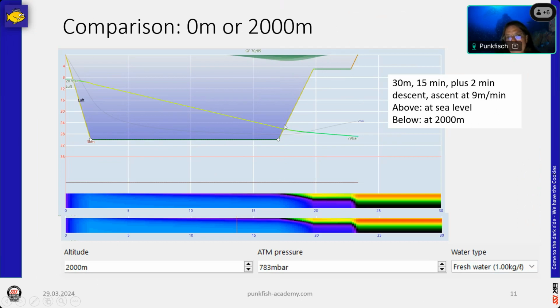And we see that while we ascend, the faster tissues that are getting closer to saturation at 30 meters already start to desaturate. And while they are green, they are at about 20% from the M value, 20% of the limit, or gradient factor 20 for those who heard about gradient factors.